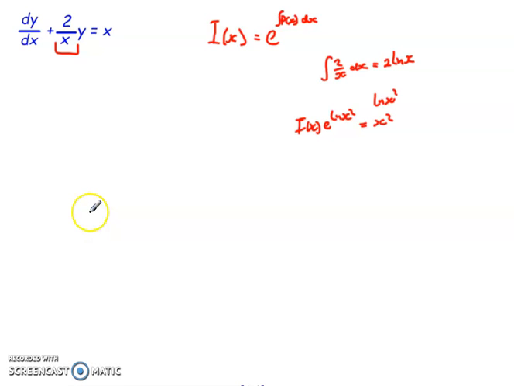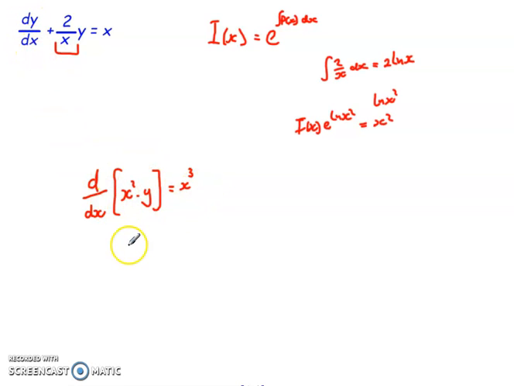So what that now means is I can then rewrite my equation as d by dx of my integrating factor times y, so x squared times y, and I know that that's going to equal the right hand side, x times my integrating factor, which is then going to be x cubed. Because of this format here, if I were to then use the product rule to differentiate it, I would end up getting something that's the equivalent of this side times this integrating factor x squared, which is great.